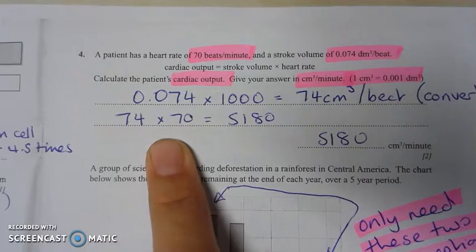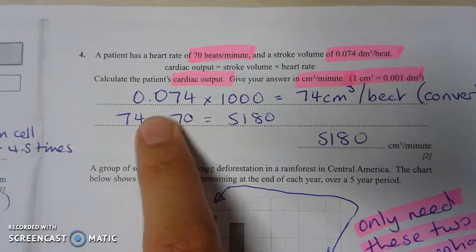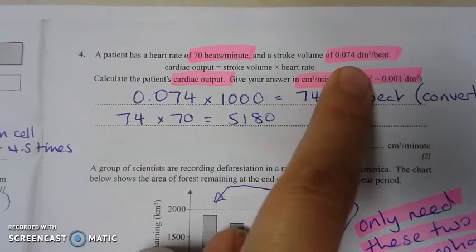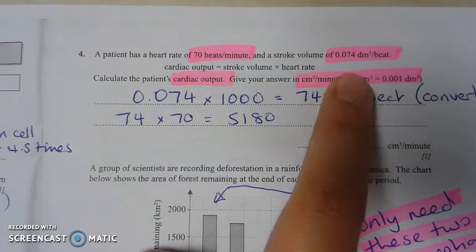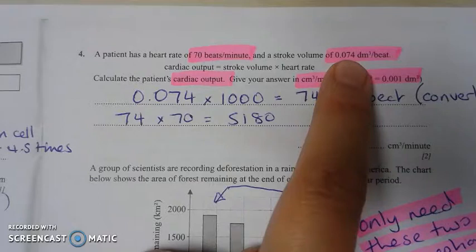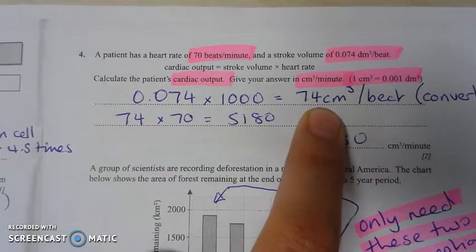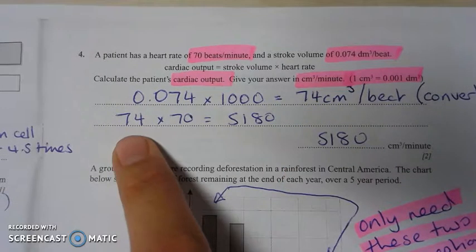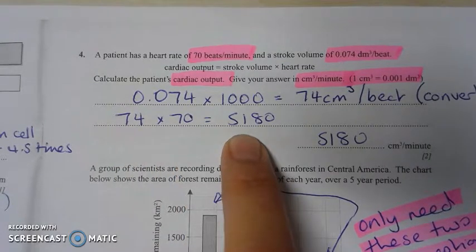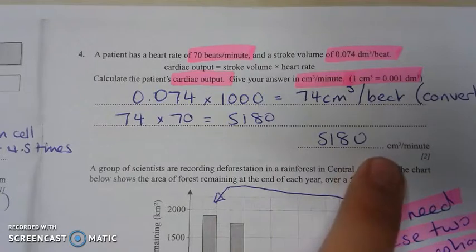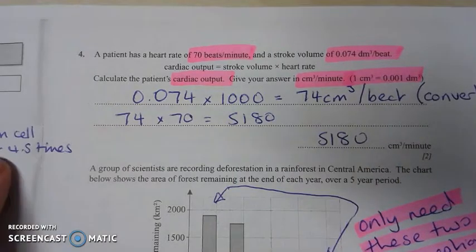Well, the stroke volume is 0.074, but we need the answer in centimetres. So we need to convert that first of all. If we multiply that by 1,000, that's 74. Now if I put the numbers in, 74 times 70, the cardiac output is 5180 centimetres cubed per minute.